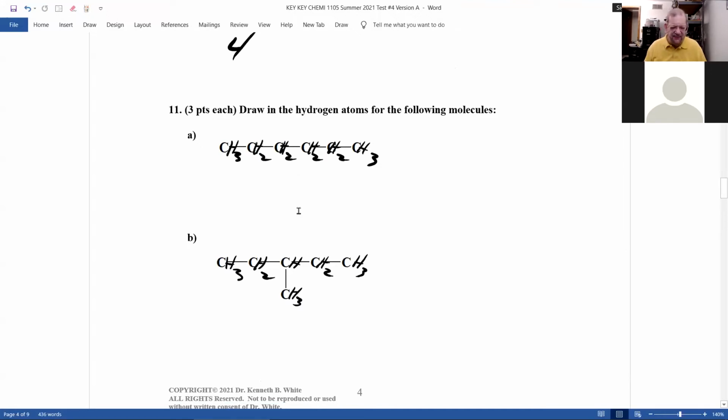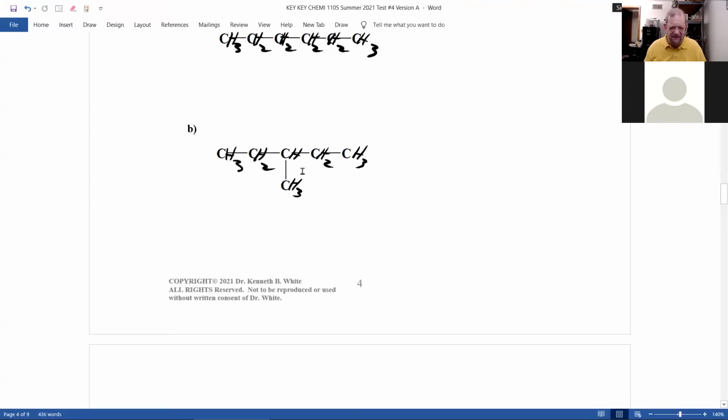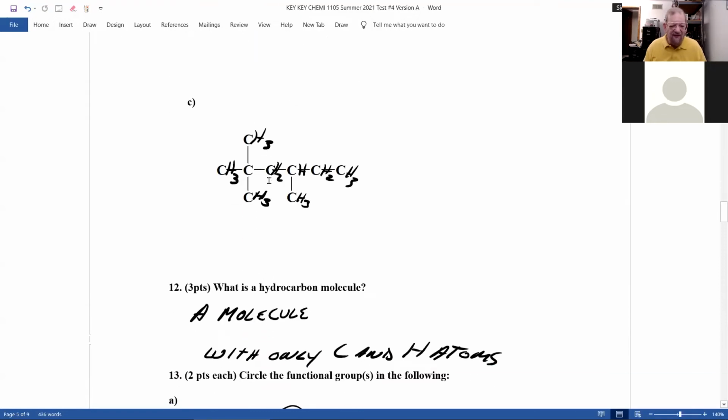Here's A, here's B. You put this one carbon that has 1 hydrogen. If you put 2, the whole thing is wrong because that's not right. And finally, here's C. And this carbon with 4 bonds to it has no hydrogens.